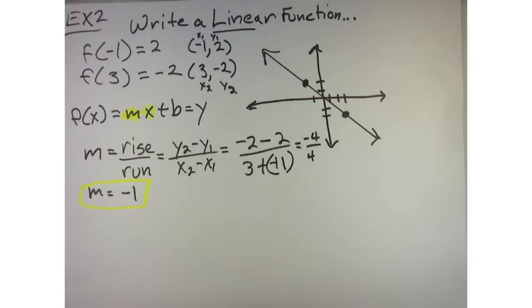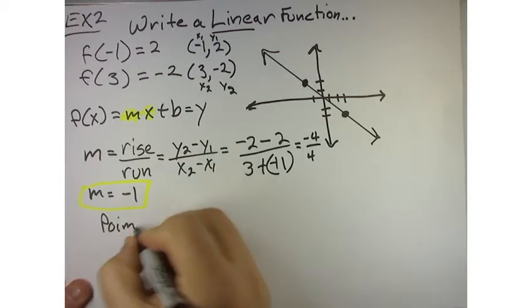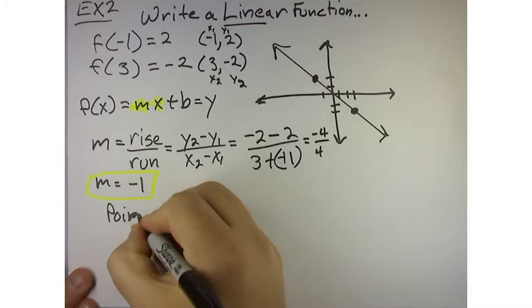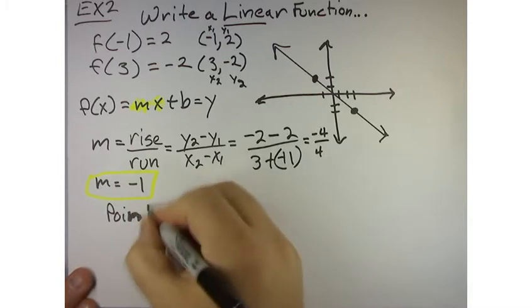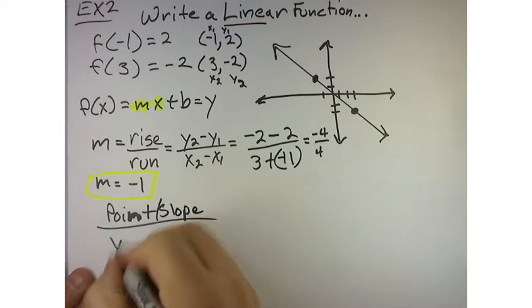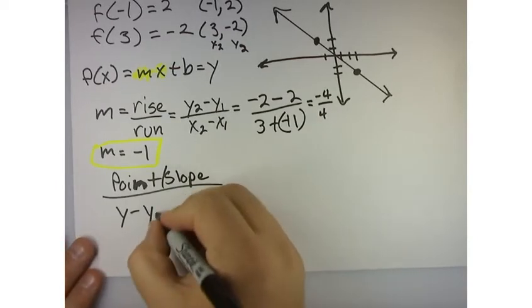Boy, if there was just some formula that used the point and the slope to write the equation of the line. I thought I heard, what were you saying? Point slope form. Brilliant. So there is a formula called the point slope form, right? Which is y minus, who knows that off the top of their head? Equals?